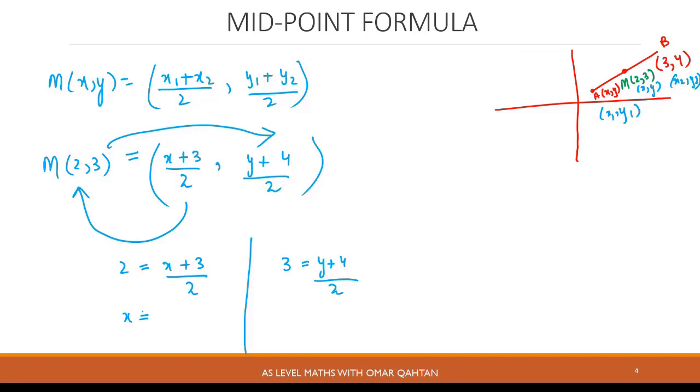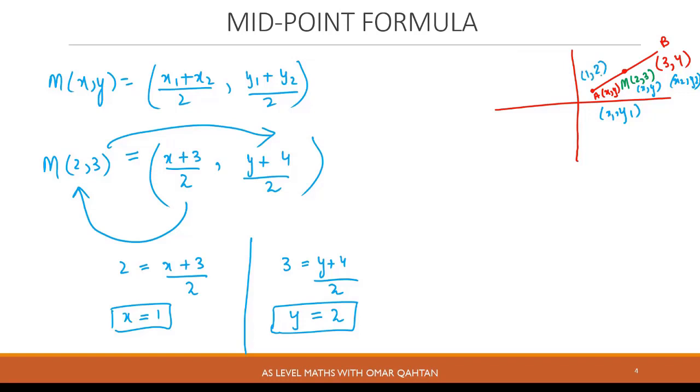Upon solving this, we get x equals 1, and this y is equal to 2. So we have this point (1, 2).